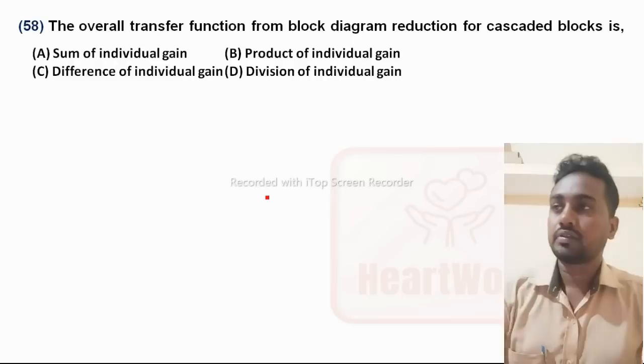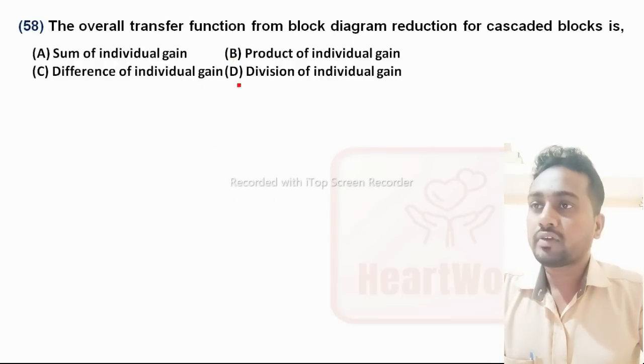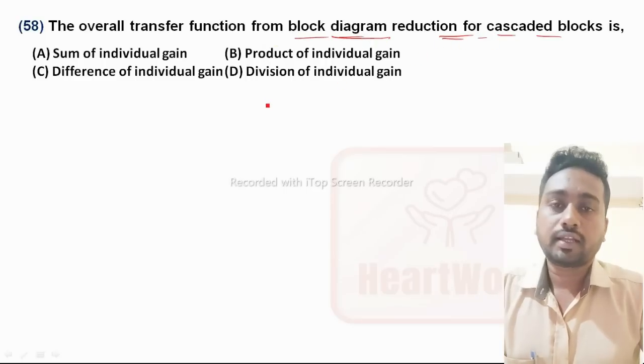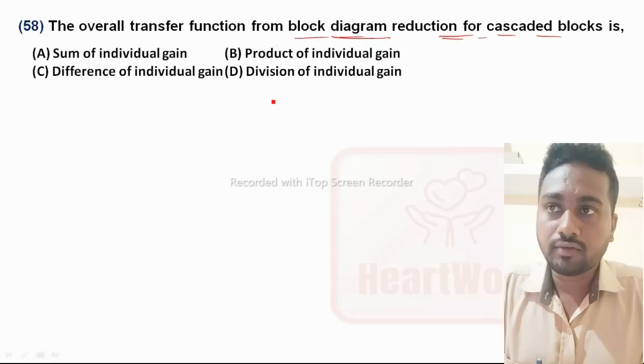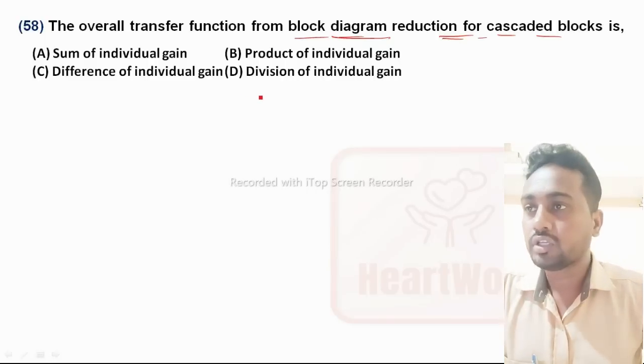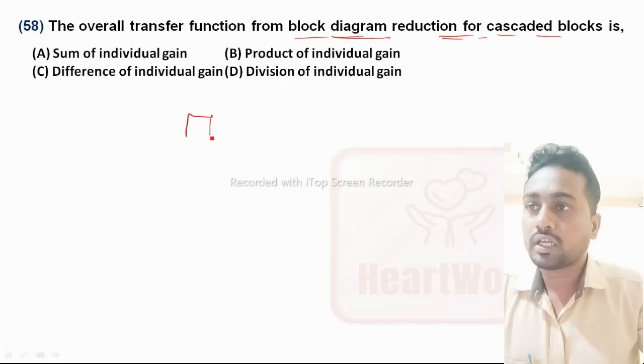Next, the overall transfer function from block diagram reduction for cascade blocks is what? They are asking for cascade. How do we do reduction for a block diagram? Suppose 3 blocks are in cascade, which means they are in series.